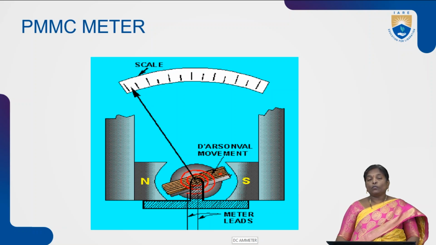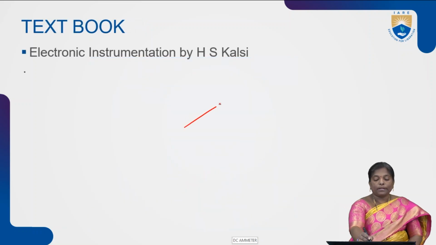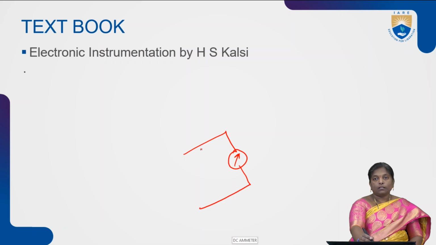But if you want to measure multi-range voltage or multi-range current, we need to connect more resistances. For example, if you consider an ammeter, a resistance is connected in parallel with the meter movement.